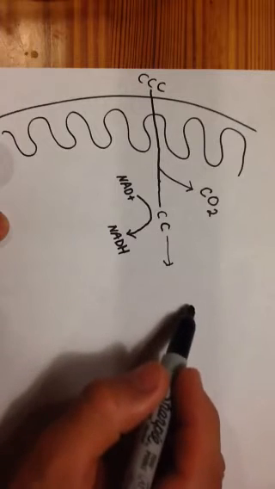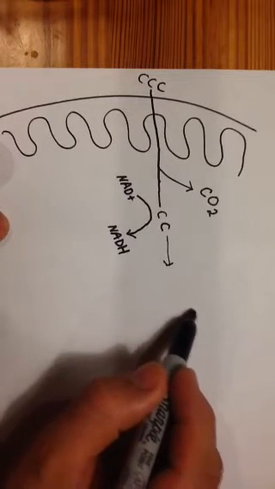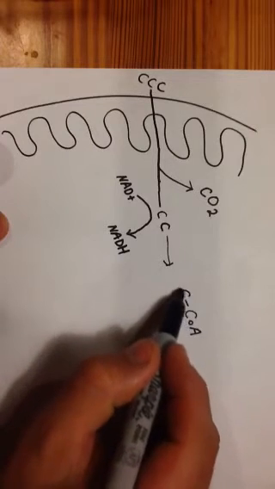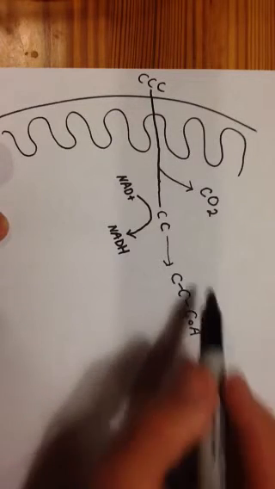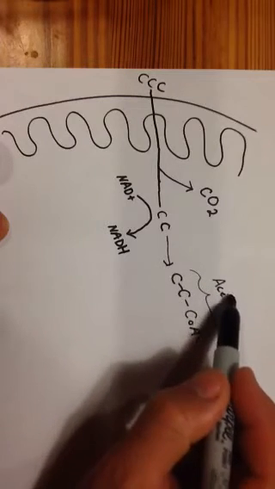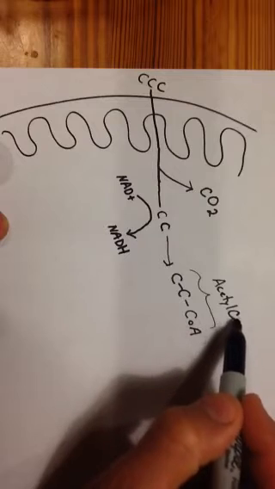Okay, this 2-carbon fragment is then going to be attached to a molecule that we call coenzyme A, and collectively this molecule is called acetyl-CoA.